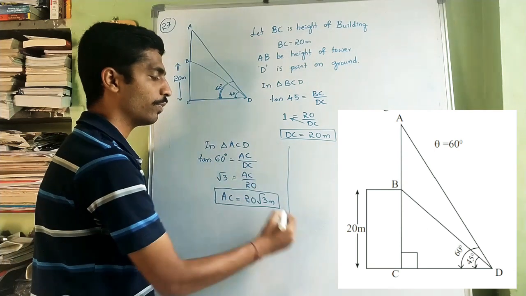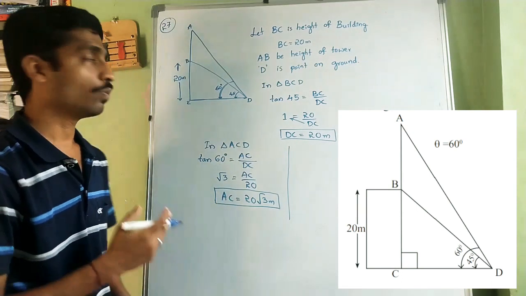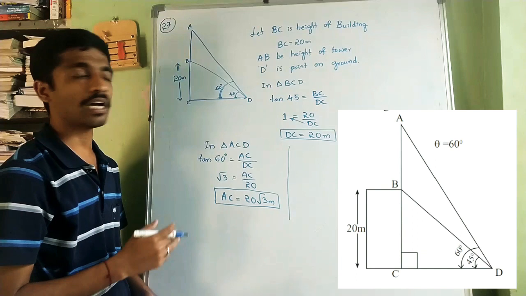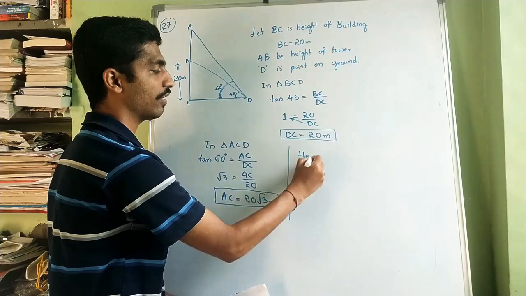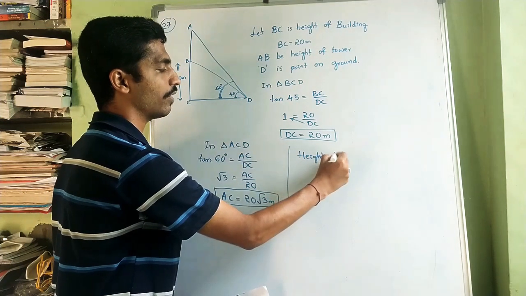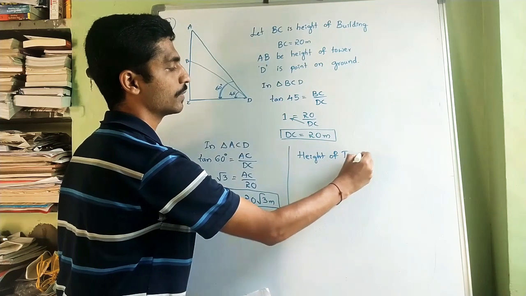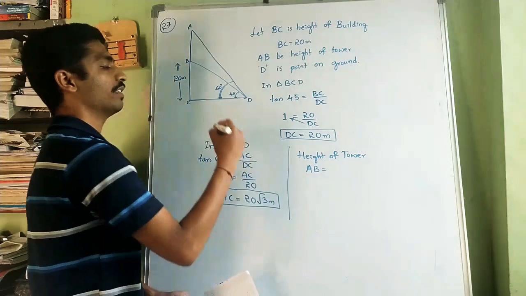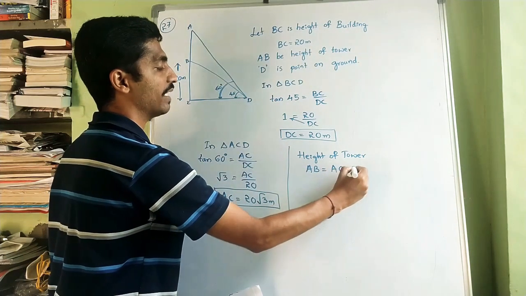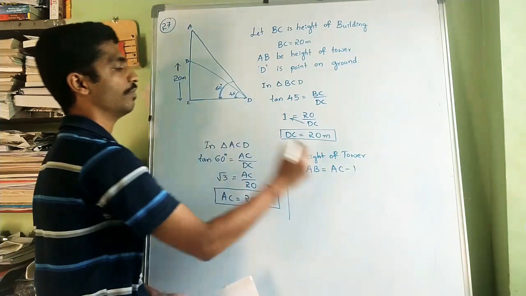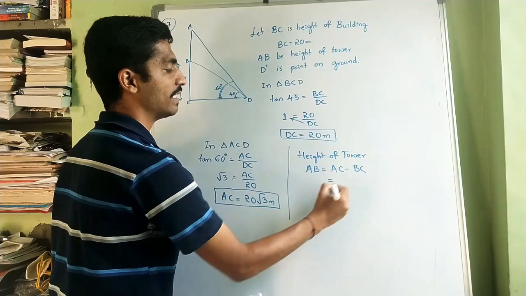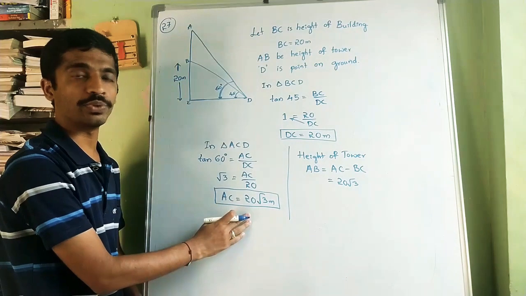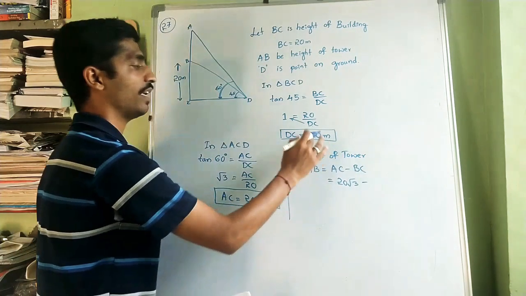But what do we want? We want AB. AB means what? The height of the tower. So if you want AB, just subtract from the AC minus BC. AC is what? AC is 20 root 3. Here 20 root 3 we got, minus BC.